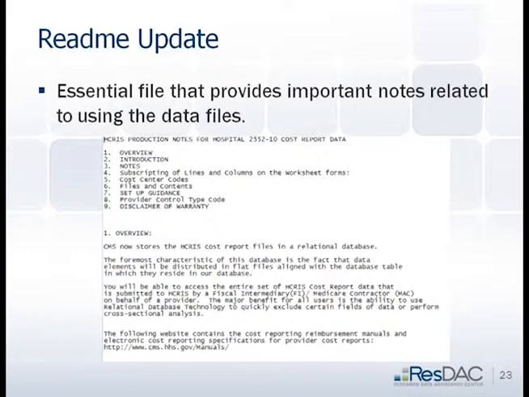And if you didn't read it, you'd be calling me saying, I don't understand why I can't find ICUs, or I'm getting really weird information. And it's because they're coded differently with the 96 forms. They've changed that with the 2010 forms. So I call the Readme document essential.